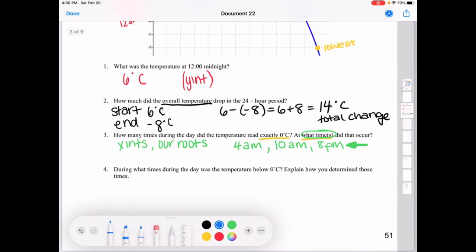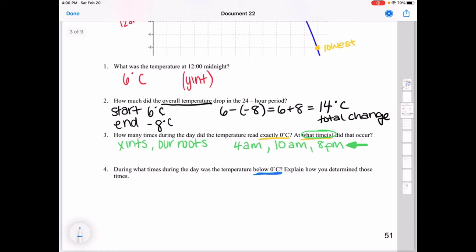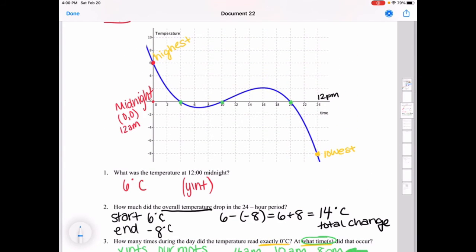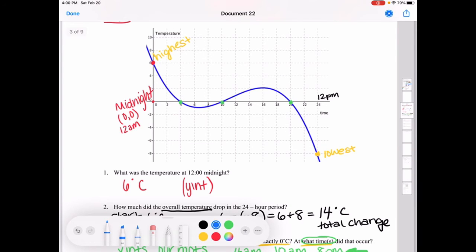Now it asks, okay, well, what times during the day was the temperature below 0? And explain how you determined those items. Well, let's change color here to light blue.